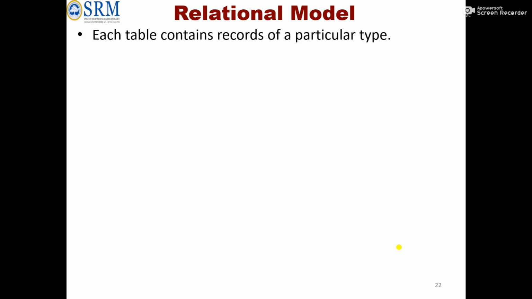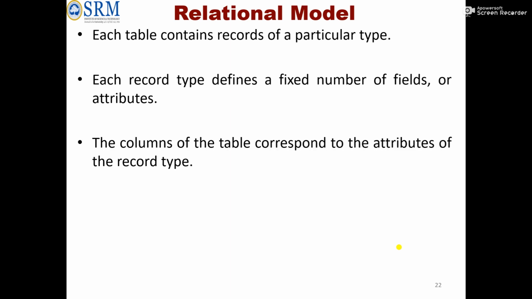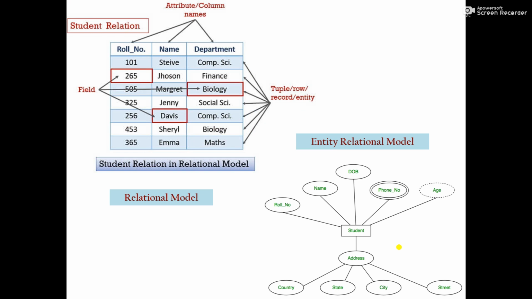So each table contains records of a particular type. An inspector is one record. It has fixed fields, which are called attributes. Every table has its own rows and columns.